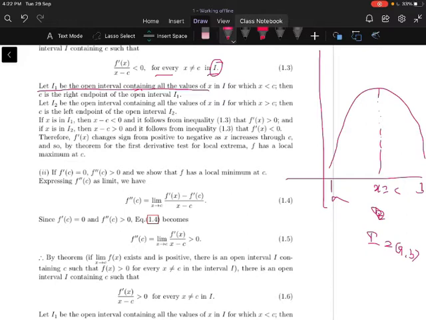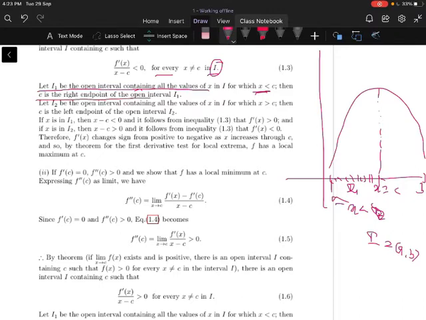So let I1 be the open interval containing all the points of x in I. So let us take I1 from a to c. This is I1. This is I2 from c to b. So let I1 be the open interval containing all the values of x in I for which x is less than c.